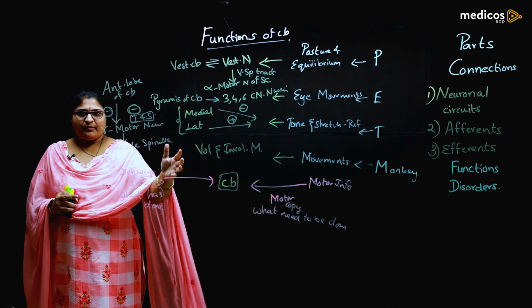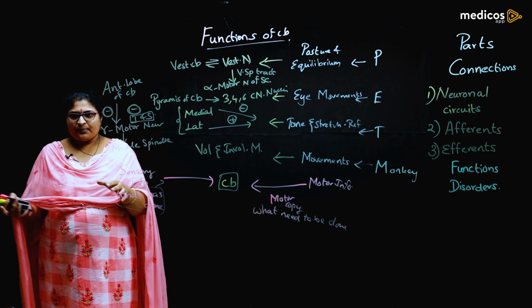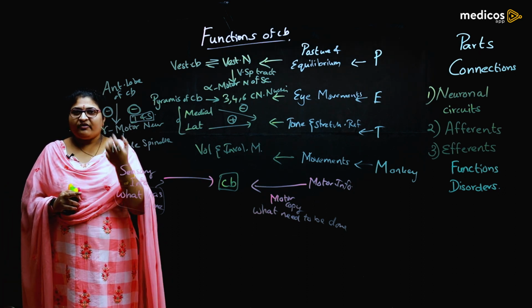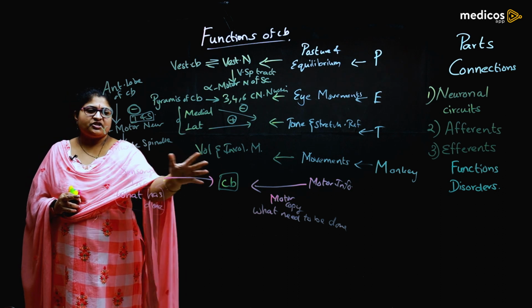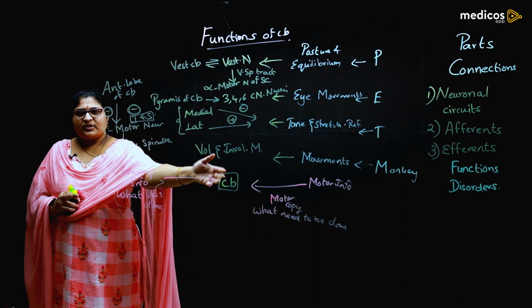So the motor information is walk on the road. And the sensory information, suppose there is imbalance on the surface of the road, that movement we have done, that information is carried by the sensory afferents towards the cerebellum.